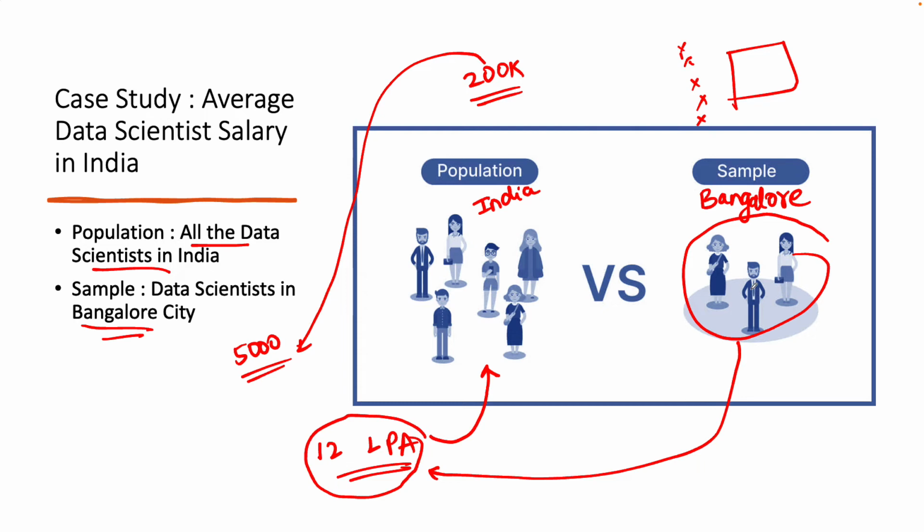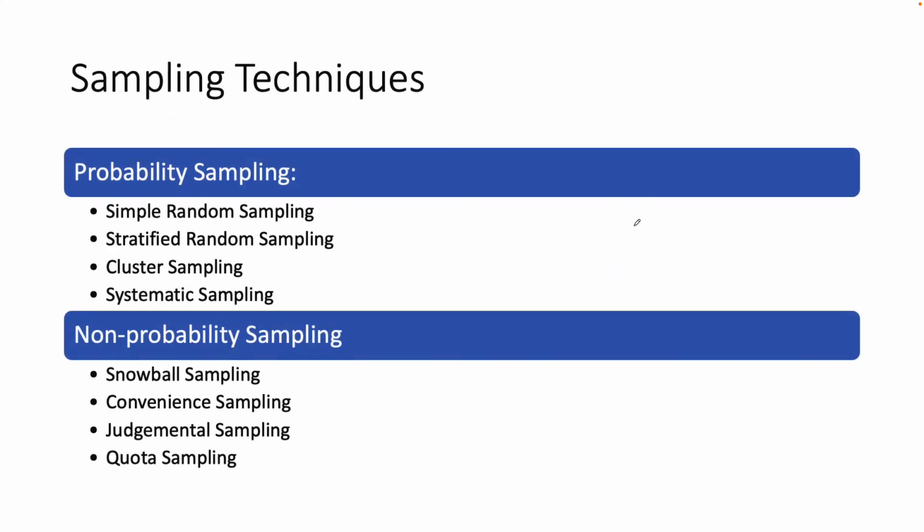So that's how simple it is, guys, when you talk about inferential statistics. Now, one key thing that you have to remember is selecting the sample from the population. In order to select the sample from the population, we've got various techniques. And in statistics, we basically have two classifications.